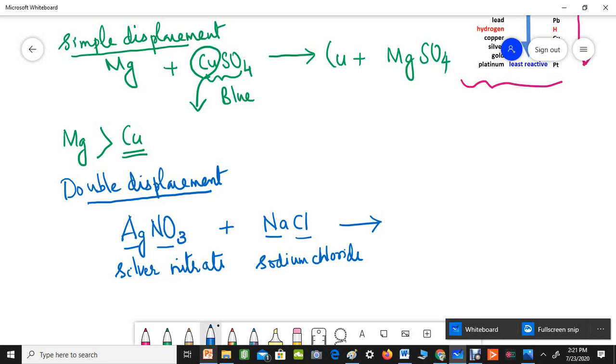Sodium is exchanging its chloride ion with the nitrate, and silver is exchanging its nitrate ion with the chlorine. So what you will be getting, like sodium nitrate. Sodium is going to combine with the nitrate and the silver is going to combine with the chlorine. So you will get AgCl, silver chloride as a precipitate plus NaNO3.